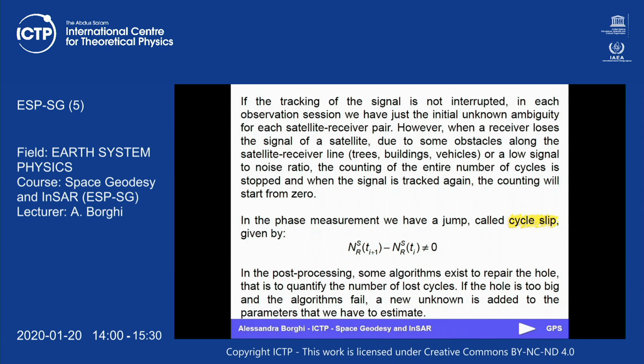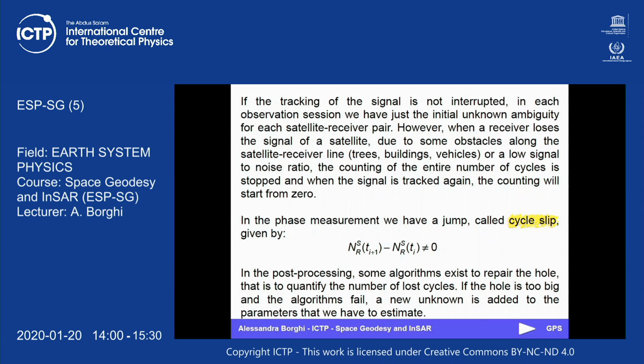Just because, for instance, a satellite goes behind a tree, behind a building, and so on. So the receiver loses the track of that satellite. Okay, so it depends how many times we have this interruption of the signal.